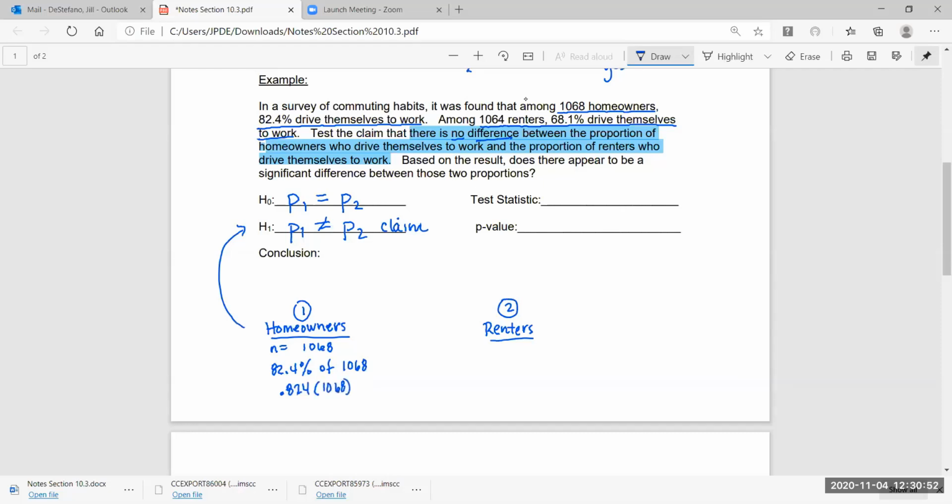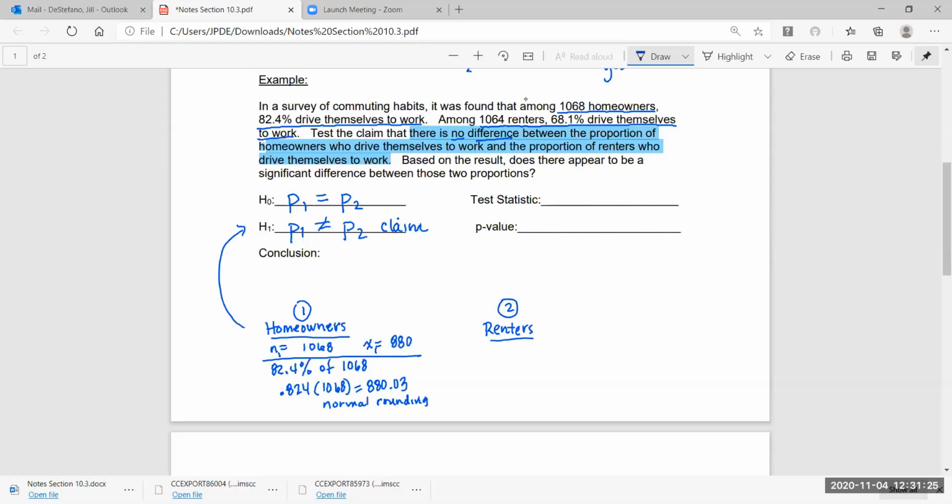If I do it right now, though, 0.824 times 1,068, I get 880.03. And remember, we do normal rounding with this. So our X is going to be the 880. Okay, this would be N1 and X1.